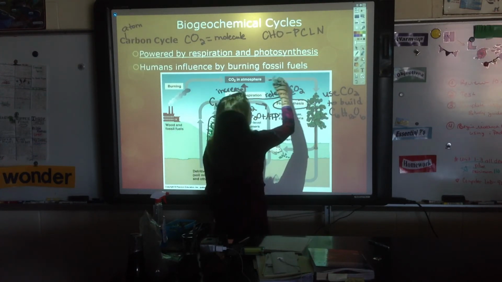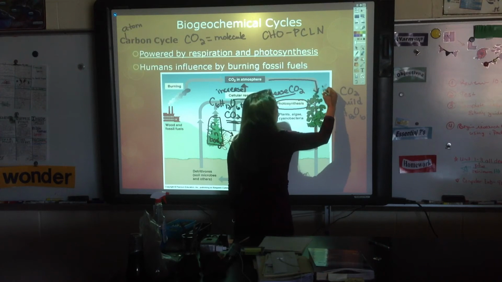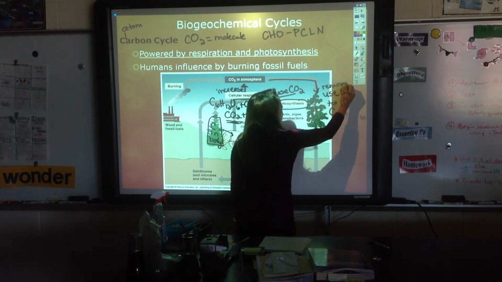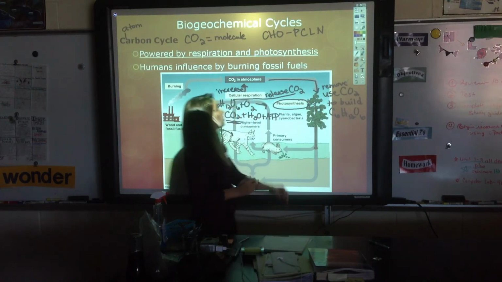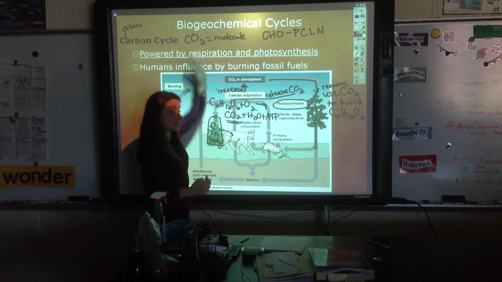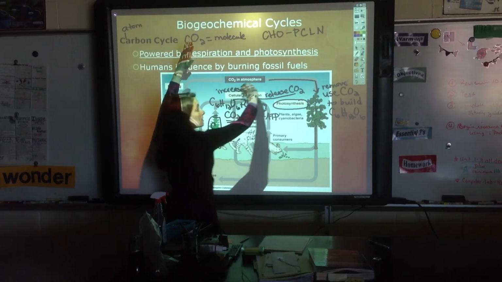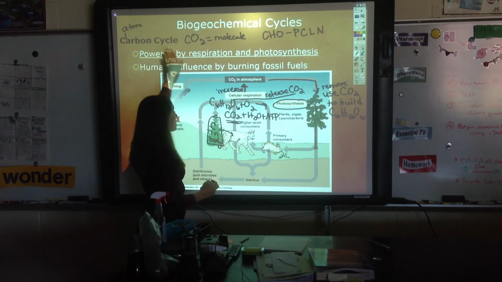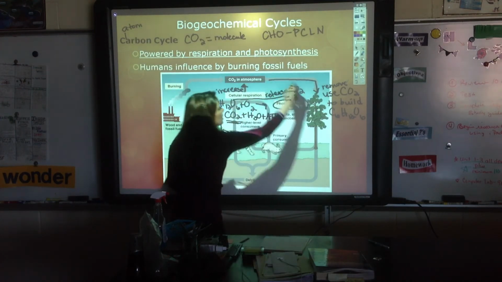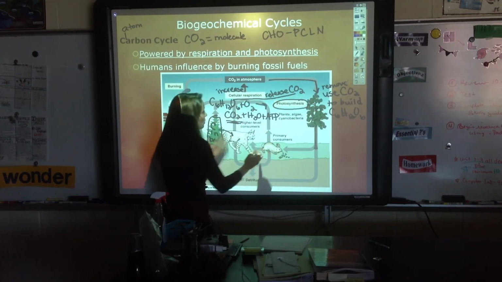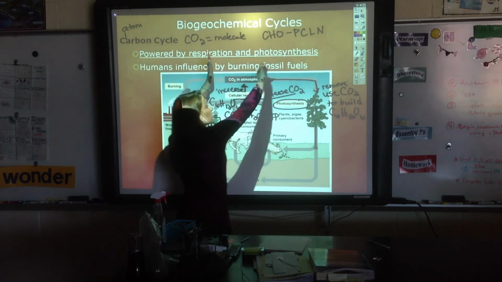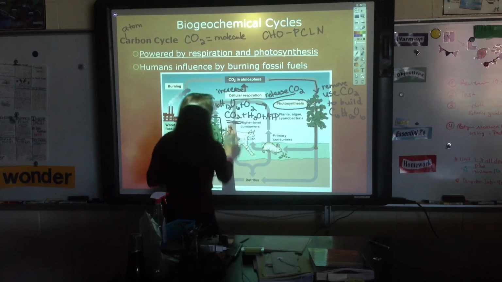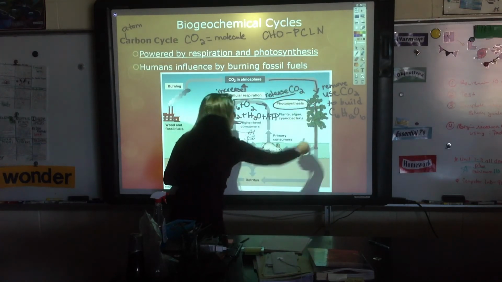So photosynthesis is actually going to remove CO2 from the atmosphere. So respiration releases CO2, photosynthesis removes CO2. And that's why we say that the carbon cycle is powered by respiration and photosynthesis. Respiration releases it, photosynthesis takes it in.